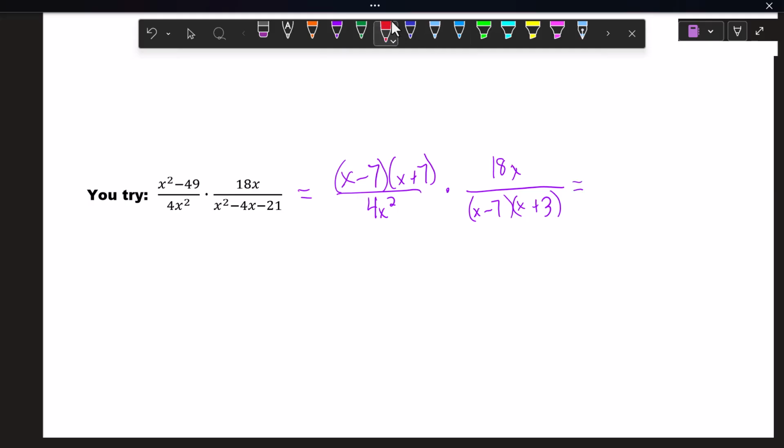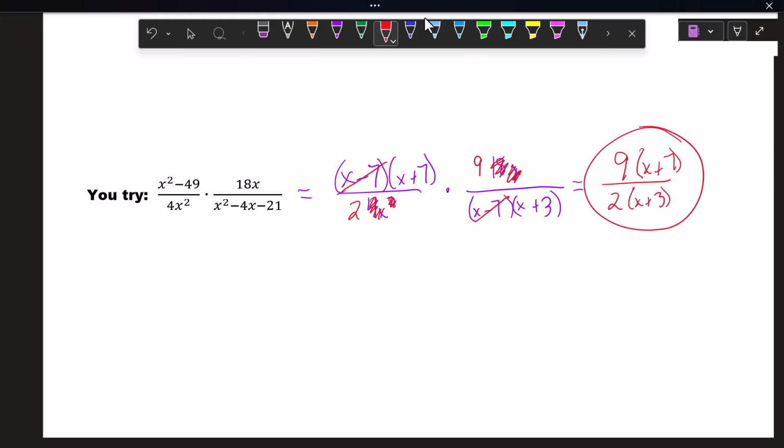Well, we can get rid of 1x, we can get rid of 1 x minus 7, and we can divide 18 and 4 by 2. So in the numerator, we have 9 times x plus 7. In the denominator, we have 2 times x plus 3. And it can't be simplified any further.